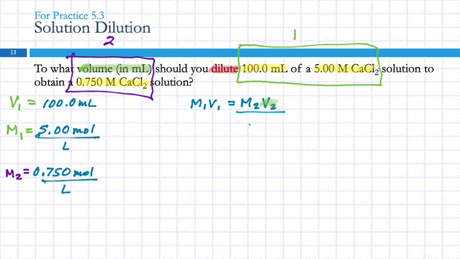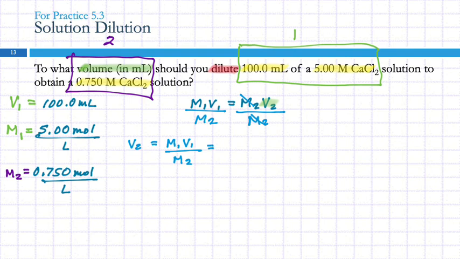So I'm going to divide this side by M2, and I'm going to divide that side by M2. I do the same thing to both sides, and so they are still equal. Volume 2 equals M1 V1 over M2.